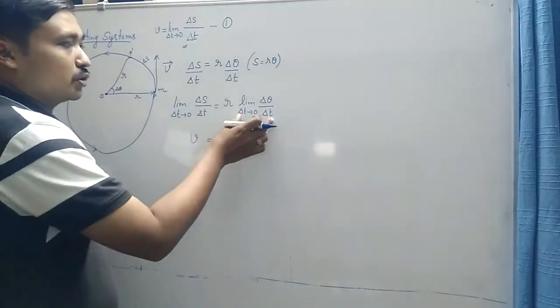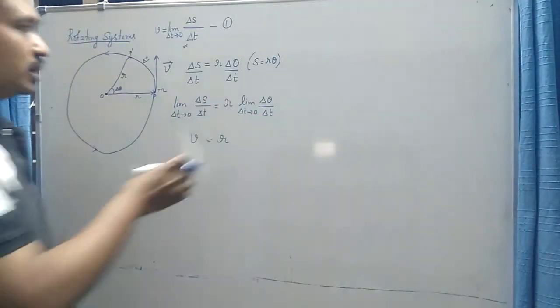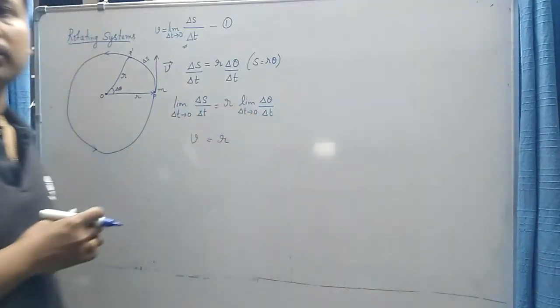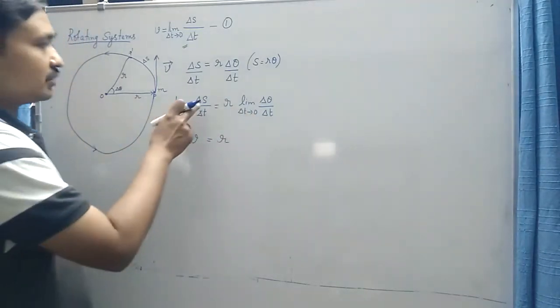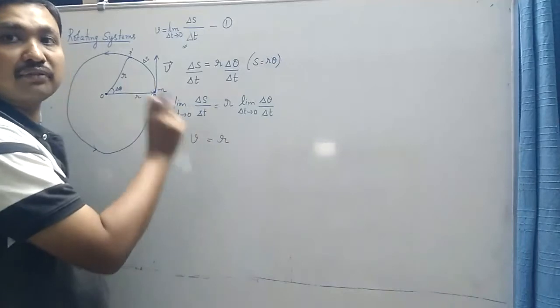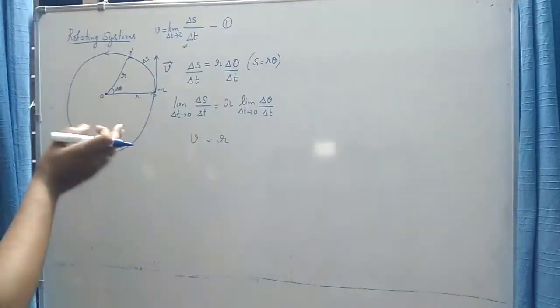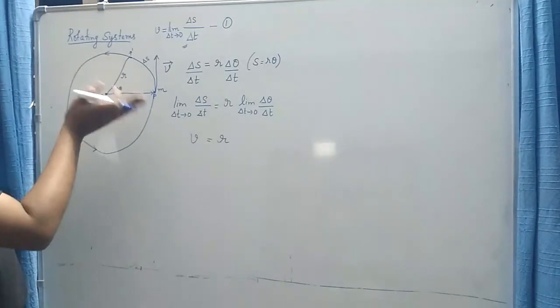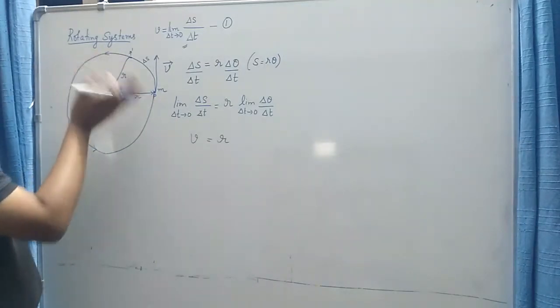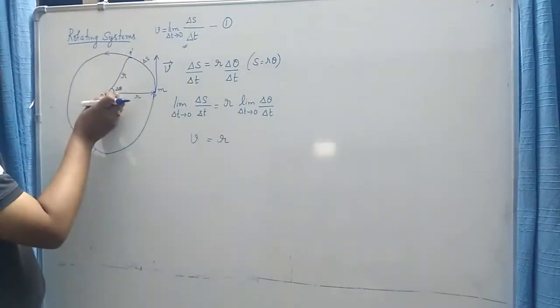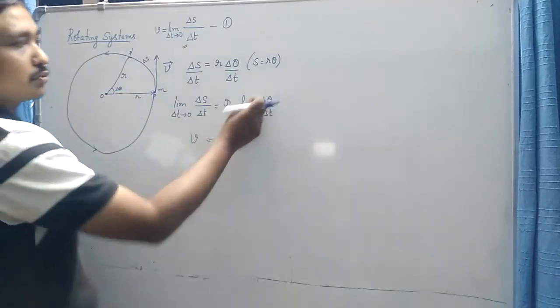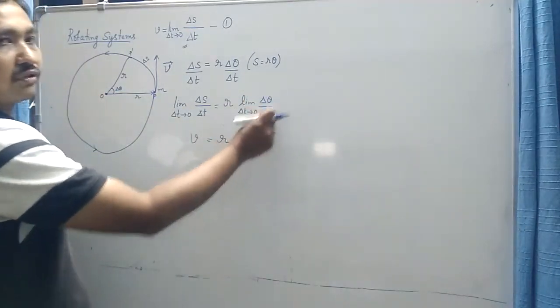Now if you carefully look at this quantity, this is also one type of velocity, because here we expressed velocity as the rate of change of displacement with respect to time, and here we have the rate of change of the angle theta with respect to time. So the greater the speed of the particle, the greater would be the angle delta theta, and therefore the greater would be the value of this quantity.